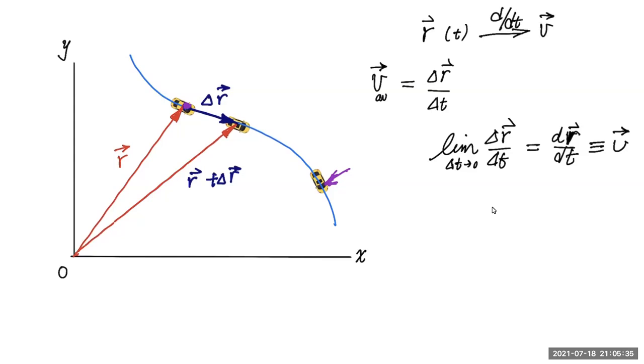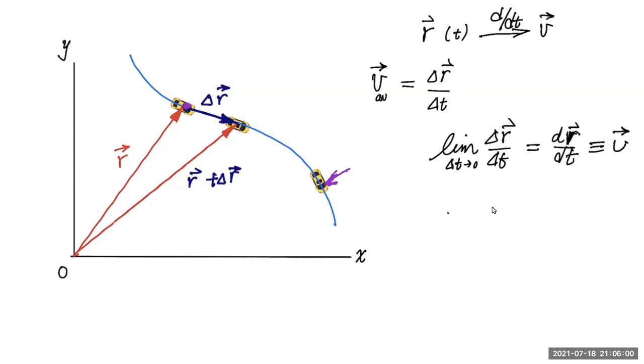Now, another thing we can consider is how the velocity itself changes. I'm going to consider the rate of change of velocity, delta v over delta t. That will give me the average acceleration of the particle. Then similarly, if you take delta t to approach 0, you go from delta t to dt, and this average acceleration becomes instantaneous acceleration.